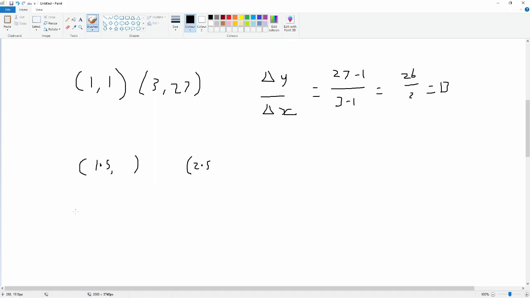Well, let's say 1.5 is 3 over 2. And if I cube that, that's equal to 9 over 4. No, 9 over 8, sorry. 2 cubed is 8. And so that's 9 over 8.